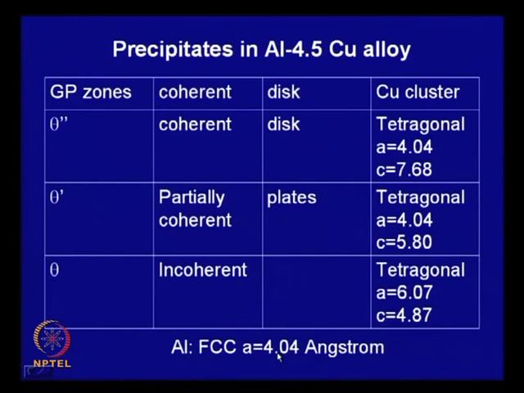And if you look at the lattice parameter of pure aluminum, which is 4.04 angstrom, between this and this there is no chance of forming any coherent precipitate. I mean this will be totally incoherent.